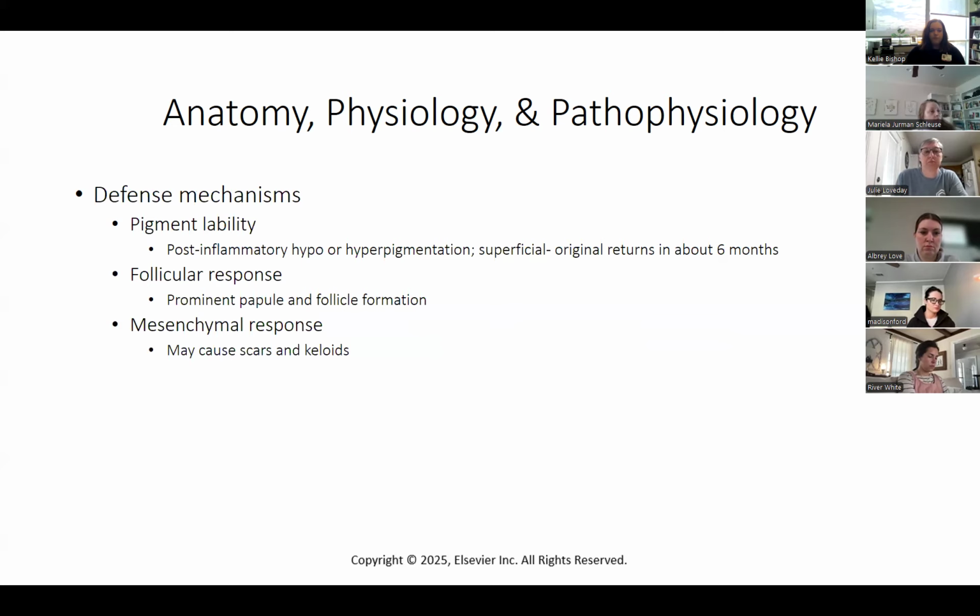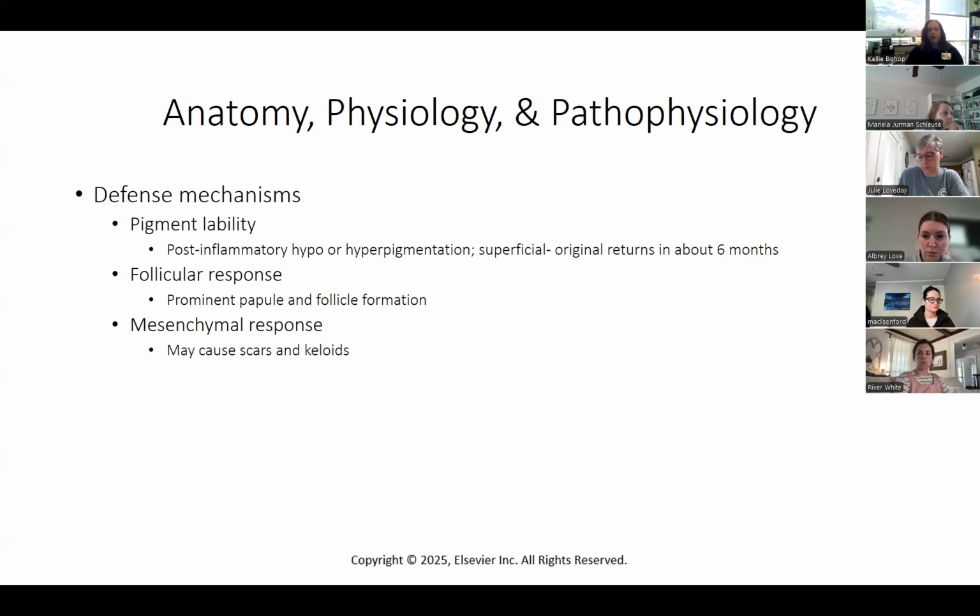Pigment, I do want to talk a little bit about pigment lability. A lot of the skin conditions, even viral rashes, have this post-inflammatory response, and they'll have either hypo or hyperpigmentation following the rash. That takes time to go away. I always like to tell parents that up front, because otherwise they'll keep coming back saying the rash isn't getting better, but it is.